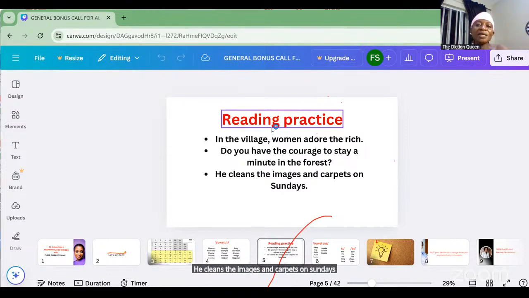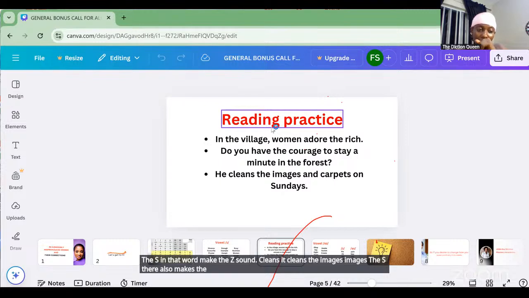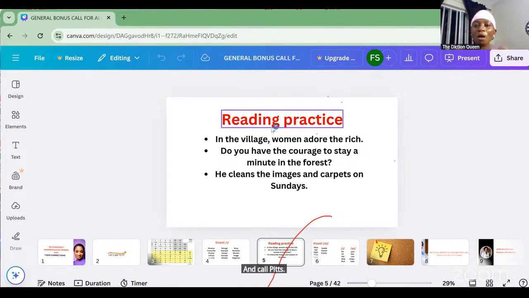He cleans. The S in that word makes the Z sound. Cleans. He cleans the images. Images. The S there also makes the Z sound. And carpets. The A and R in carpets should be a long sound.